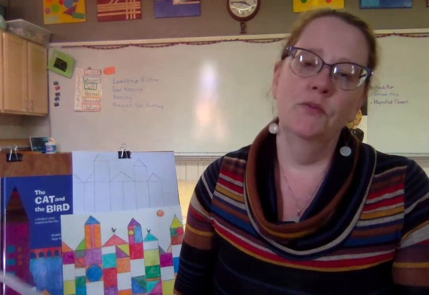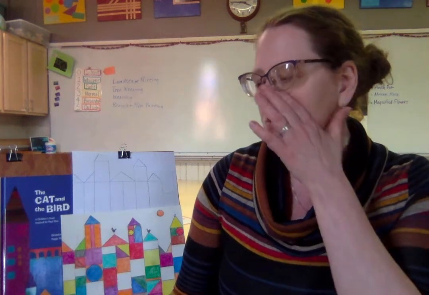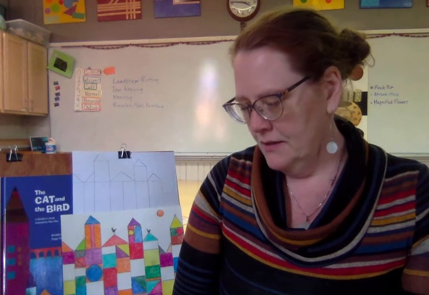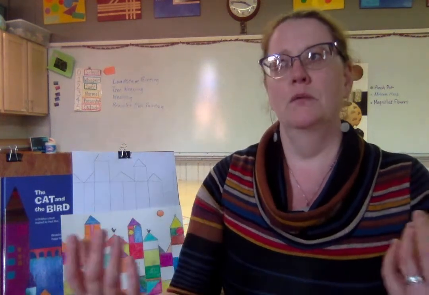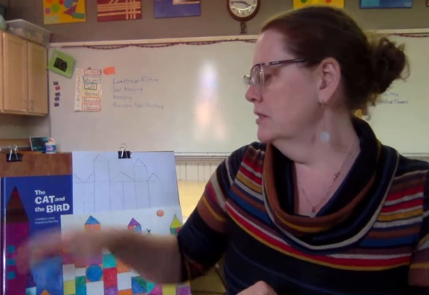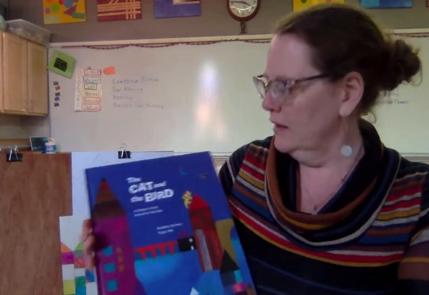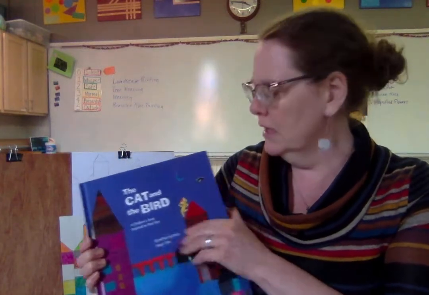His best friend was Wassily Kandinsky, and he focused on music, color theory, and childlike perspective on the environment that surrounded him. So today, there is a children's book called The Cat and the Bird, and it is based on or inspired by Mr. Paul Klee.